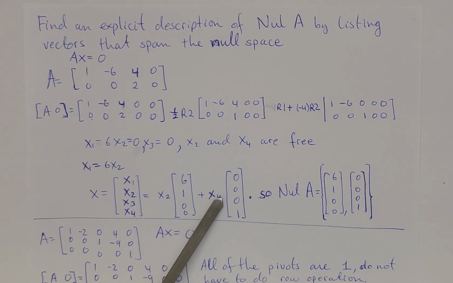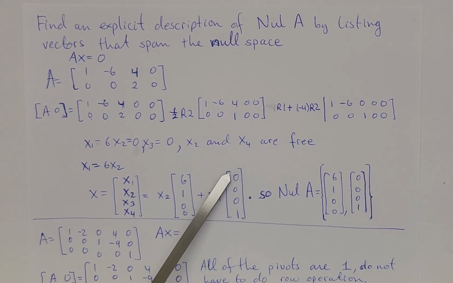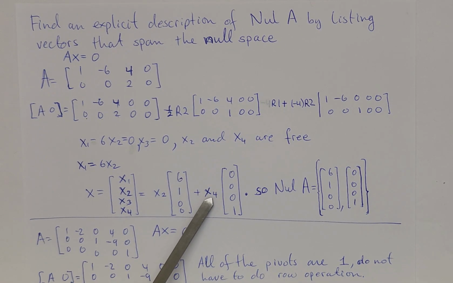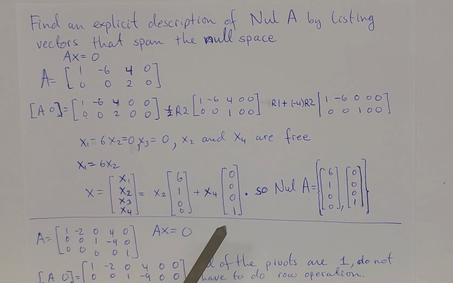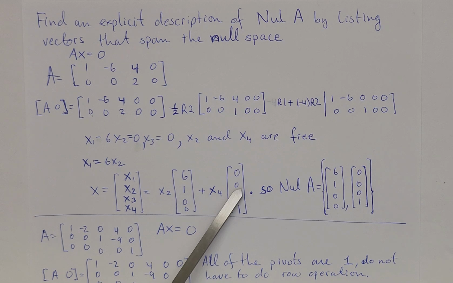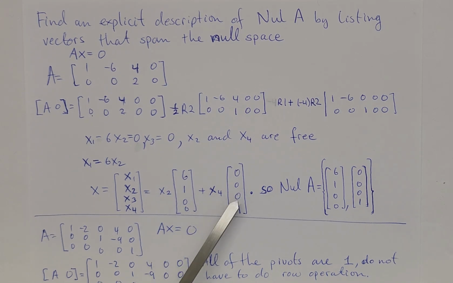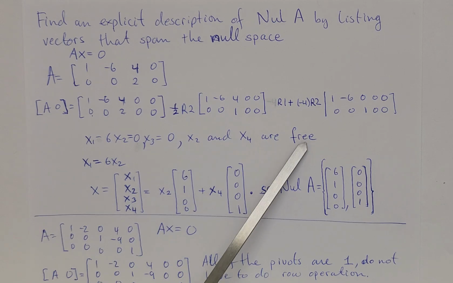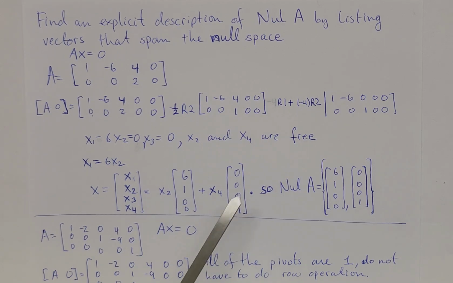Move on to x4. First term of x4, there isn't one, 0. Second term of x4, 0, because there's nothing. Third term of x4 is 0 because there's nothing. Fourth term of x4, however, x4 is free, so 1. Every time I see free, 1.